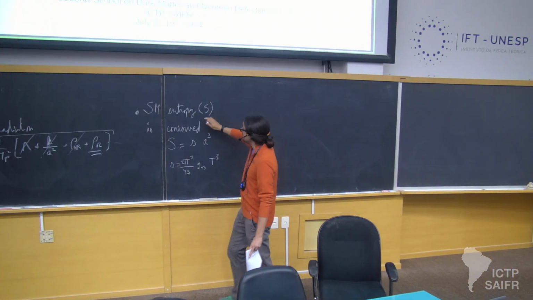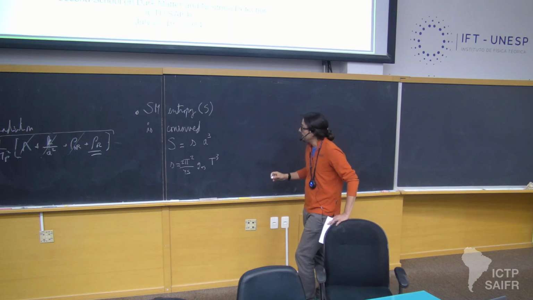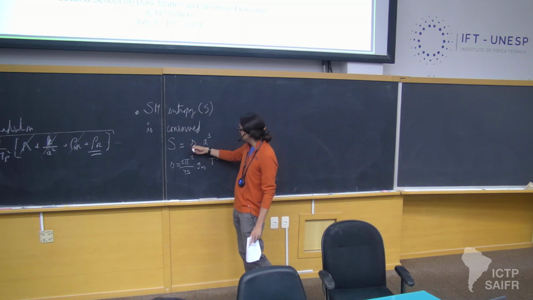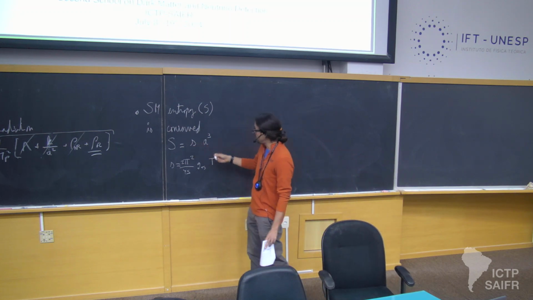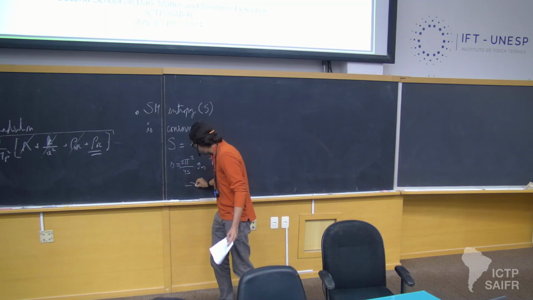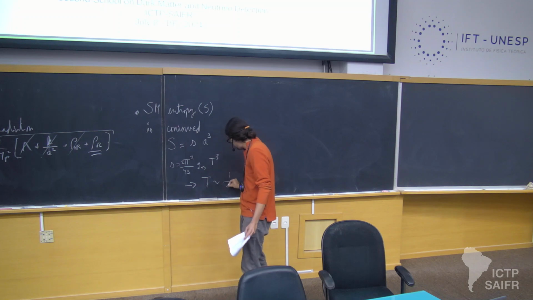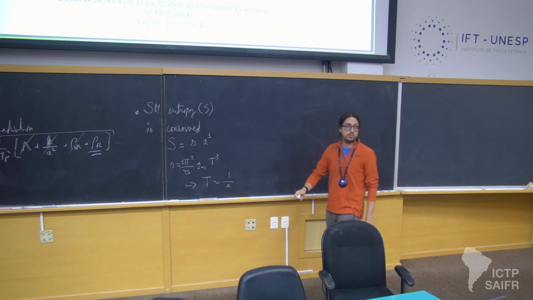And this is interesting because if entropy is conserved, as we discussed yesterday as well, that means that entropy density times a cubed is constant, and it automatically implies that the temperature goes like 1 over a. a is the scale factor of the universe.